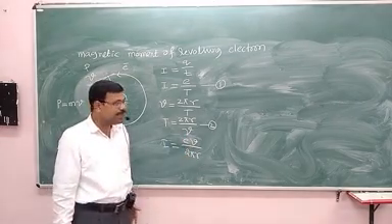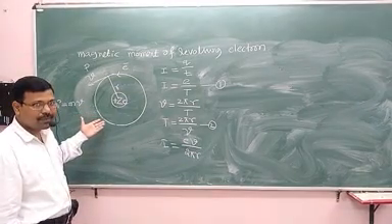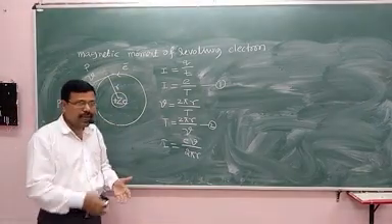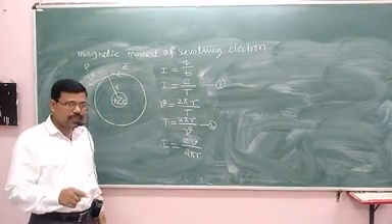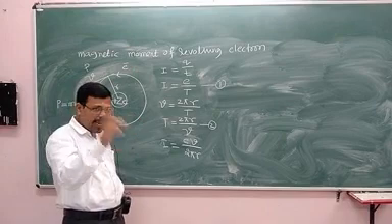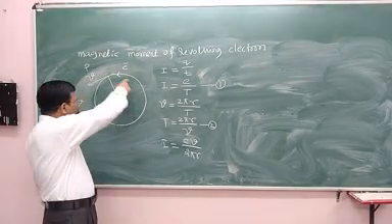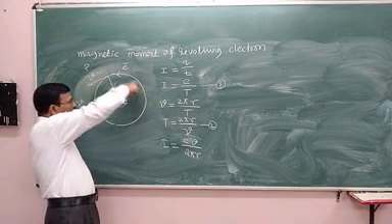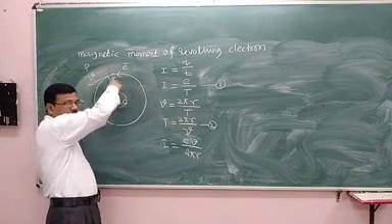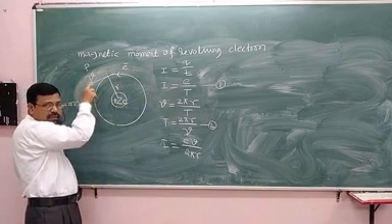As we studied, according to Ørsted, wherever current is there, around that there is a magnetic field. Here also, the current is constituted by the motion of the electron. So around this there must be a magnetic field.